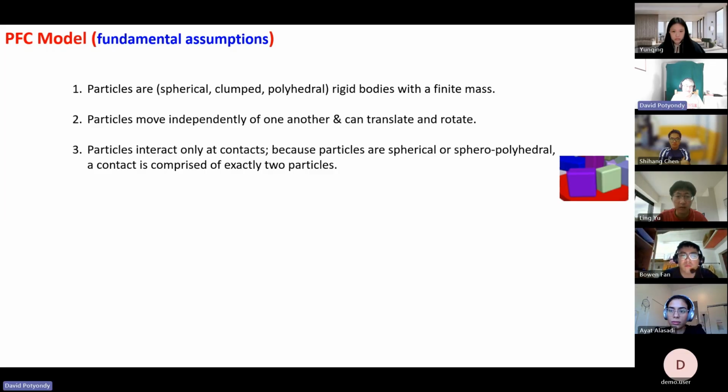These particles only interact at contacts, and contacts are always between two particles. And this is one of the reasons why. Here are these rigid blocks, but if you look closely, they have these rounded corners and vertices. Because of that, when they touch, they can only touch between two. You can't squeeze another one in there because they have these rounded surfaces.